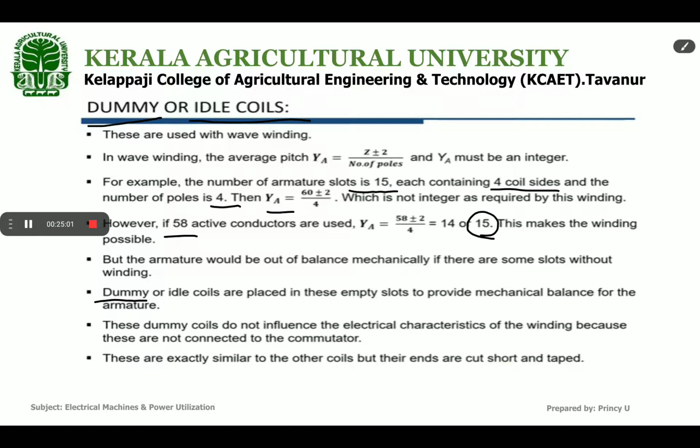But we are giving that for supporting mechanical balance to the armature. These are idle coils placed in the empty slots to provide mechanical balance for the armature. These dummy coils do not influence the electrical characteristics of the winding because they are not connected to the commutator. These are exactly similar to other coils, but their ends are cut short and taped.